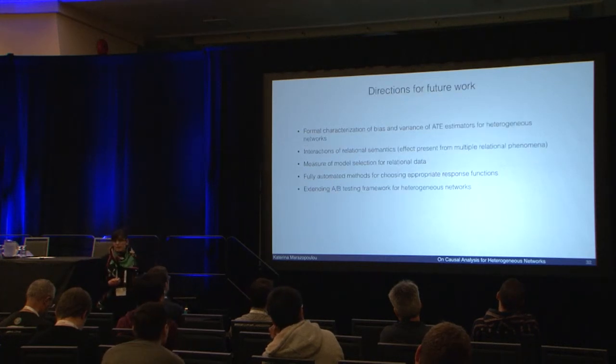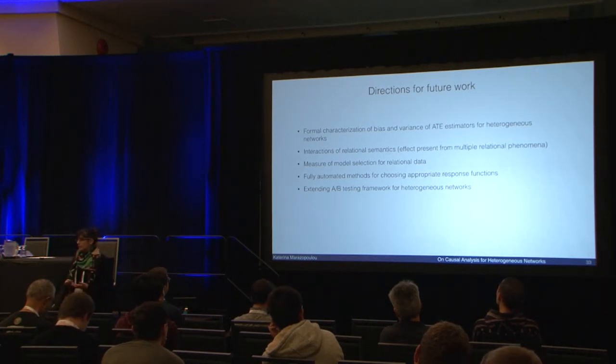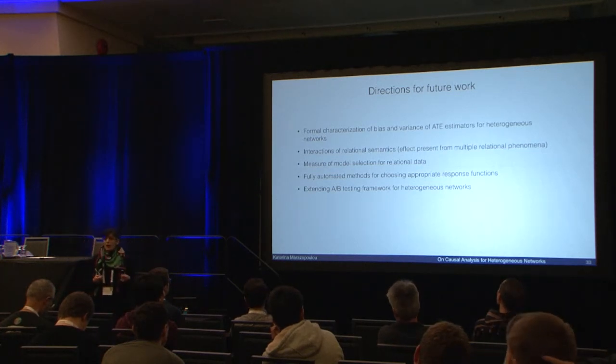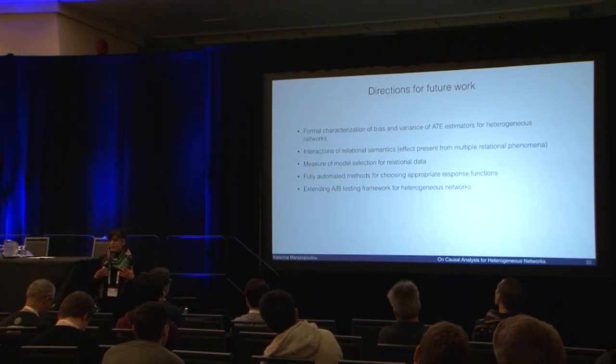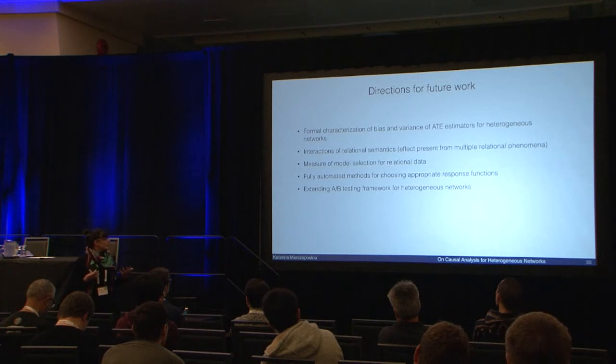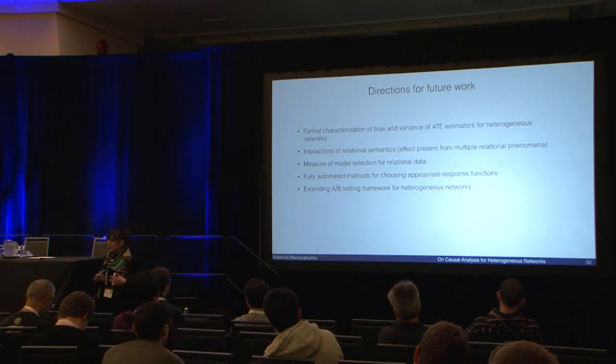Now, that being said, there are a few interesting directions for future work. First of all, characterizing the bias and the variance of these estimators. We can consider more complex response functions, for example, effects that are present for multiple types of relational phenomena, homophily, contagion, longer range dependencies, and so on.